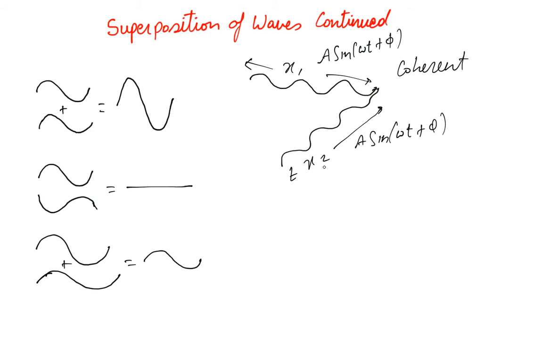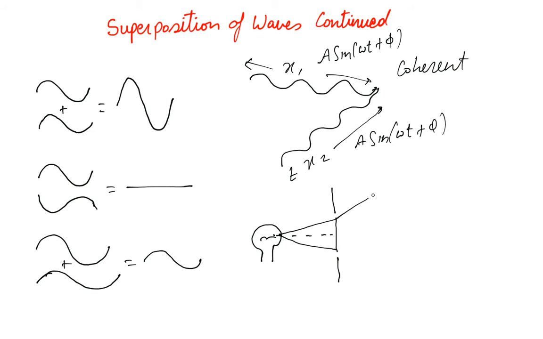Which actually in practical terms means they are being produced by the same source, which means, let's say, if you have an electric bulb and this is producing light, and you put sort of a perforated membrane in between, then light emitted from these holes here is going to be coherent.